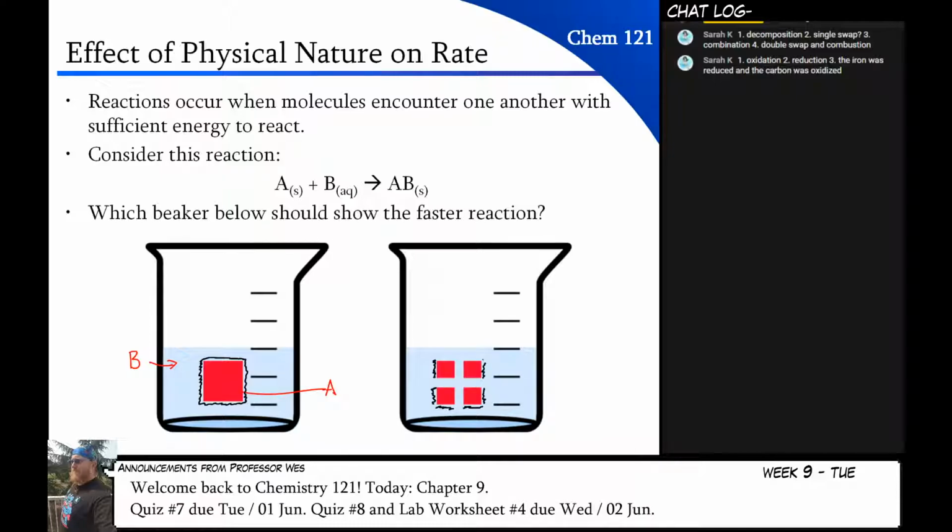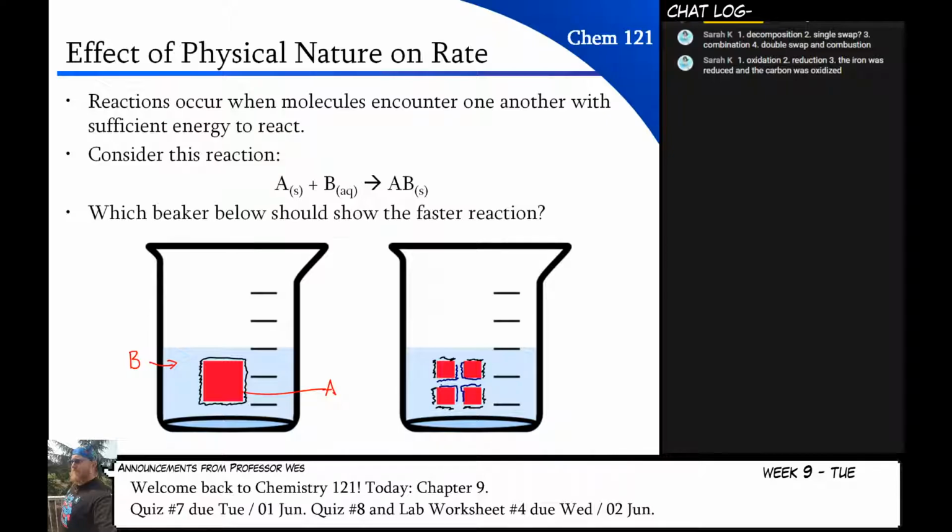So this is all the same length of black that I drew on the previous diagram. But now I get to add in additional surface area that the reaction can occur on. So by grinding this up into smaller chunks, the surface area increases, and there are more opportunities for A and B to interact with each other.